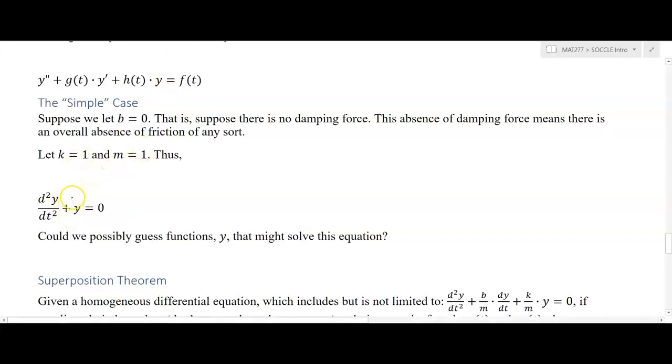Now we've already solved this equation. We already know that there are two solutions that will work: y1 equals sine of t, and y2 equals cosine t. Perfect. So now we have two separate solutions, but we really need to know what to do with them.